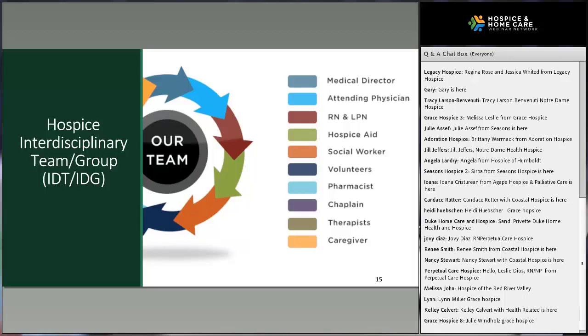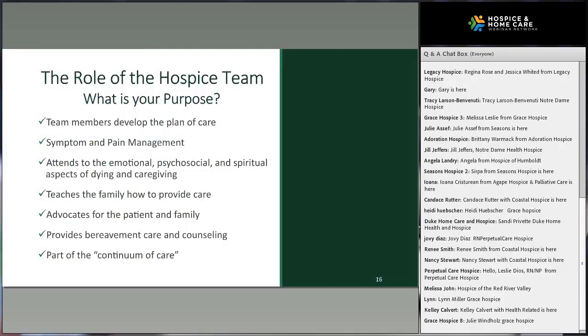Also the chaplain, therapists, and caregivers. So as you can see, this is a team that brings a wide variety of information in to deal with total patient-centered care. And it's very important that this team works together in developing a patient's plan of care and continuing on with the Medicare eligibility.